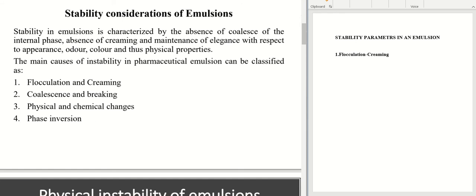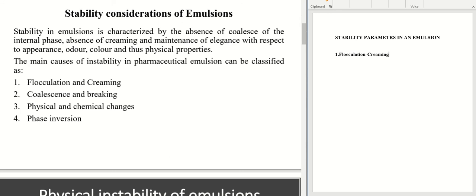In case all the globules come together and form a larger globule, it leads to the separation of the oily phase and the aqueous phase, which results in instability. And if the density difference between these two phases is much larger, it results in upward creaming or downward creaming, which indicates separation of 2 different phases.